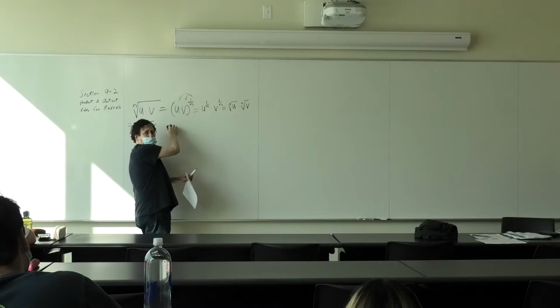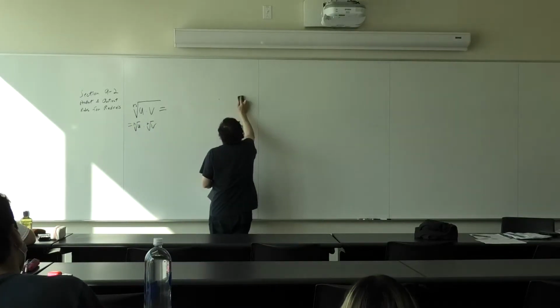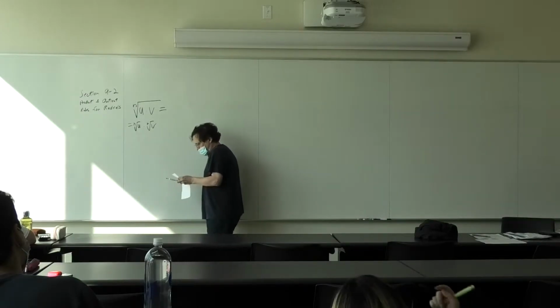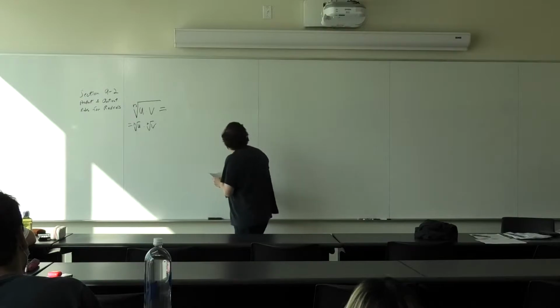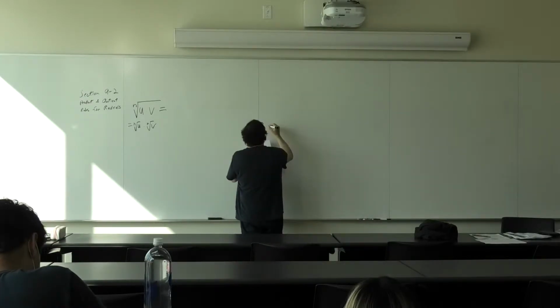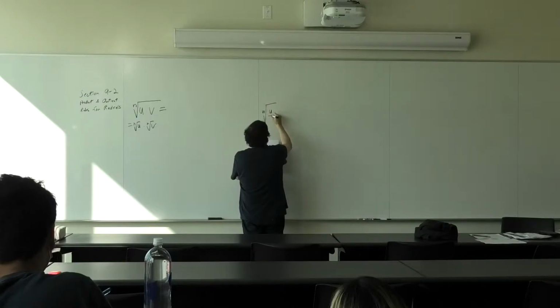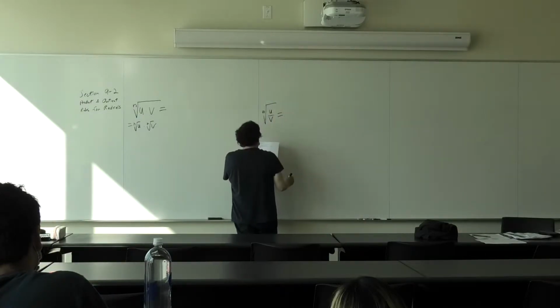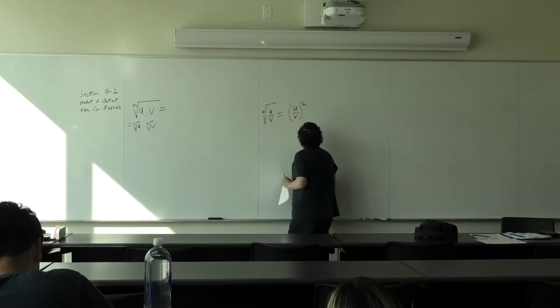Okay. So this is the rule you have to know. That's the product rule. The quotient rule looks like this. The nth root of u over v, well, that's (u over v) to the 1 over n.